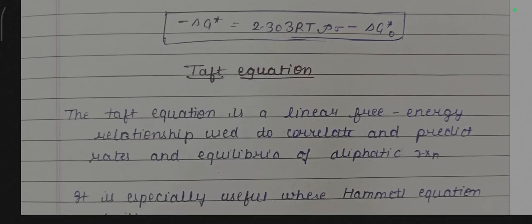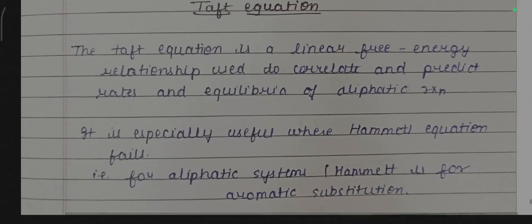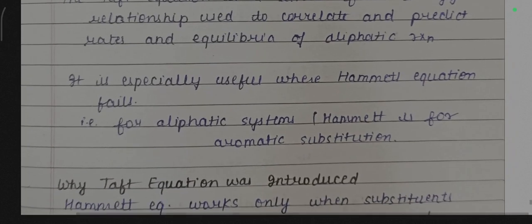Taft equation. The Taft equation is the linear free energy relationship used to correlate and predict rates and equilibria of aliphatic reactions. It is especially useful where the Hammett equation fails, for example for aliphatic systems, whereas Hammett is for aromatic substitution.